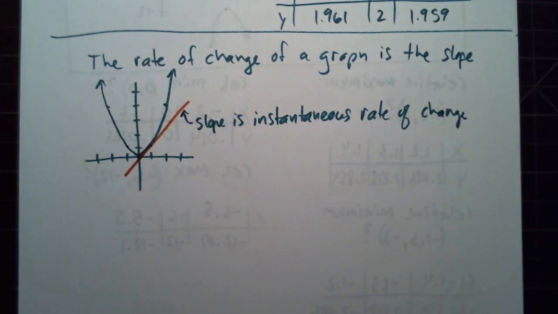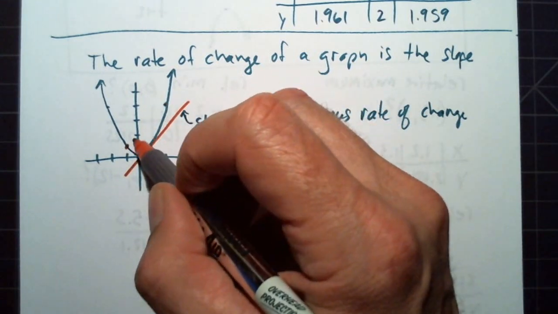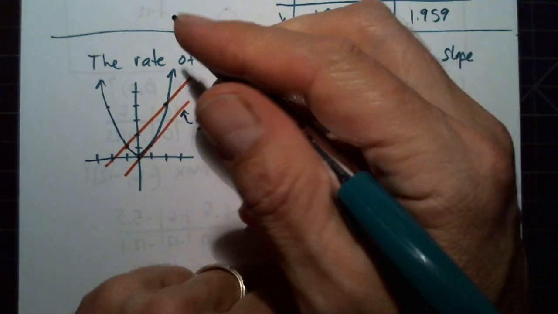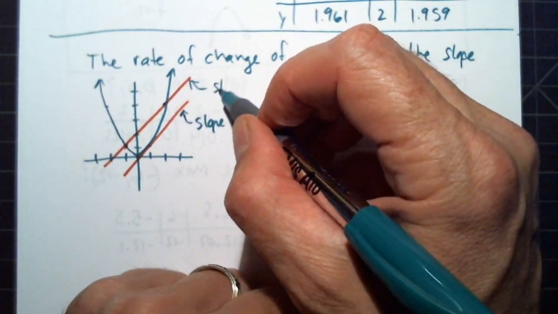And we'll do that in calculus. But today we're going to do this, where if we had 2 points and we just draw a line through them, then the slope of that is the average rate of change.